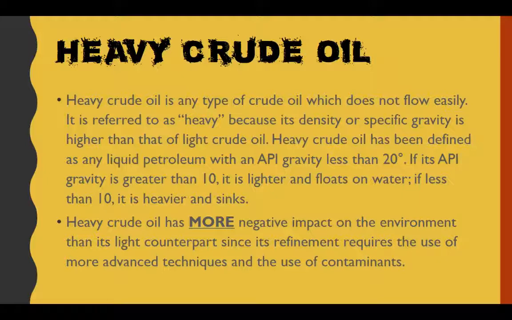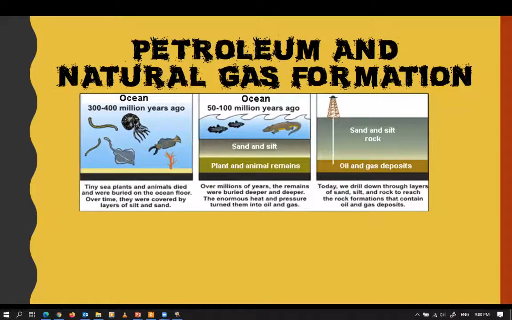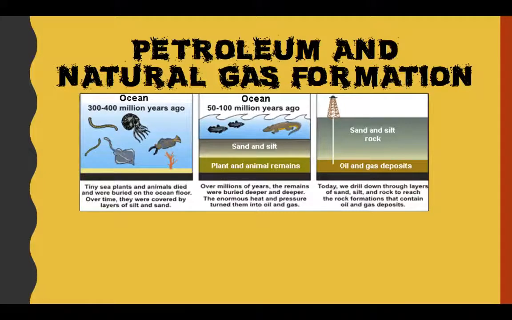Okay. So when we start looking at the production of oil, whether it's heavy crude or light crude, we start thinking about it in terms of the process that we went over last class, and I want to go ahead and go over that again today. According to the U.S. Energy Information Administration, we are starting primarily with tiny sea plants and animals that died and were buried on the ocean floor.